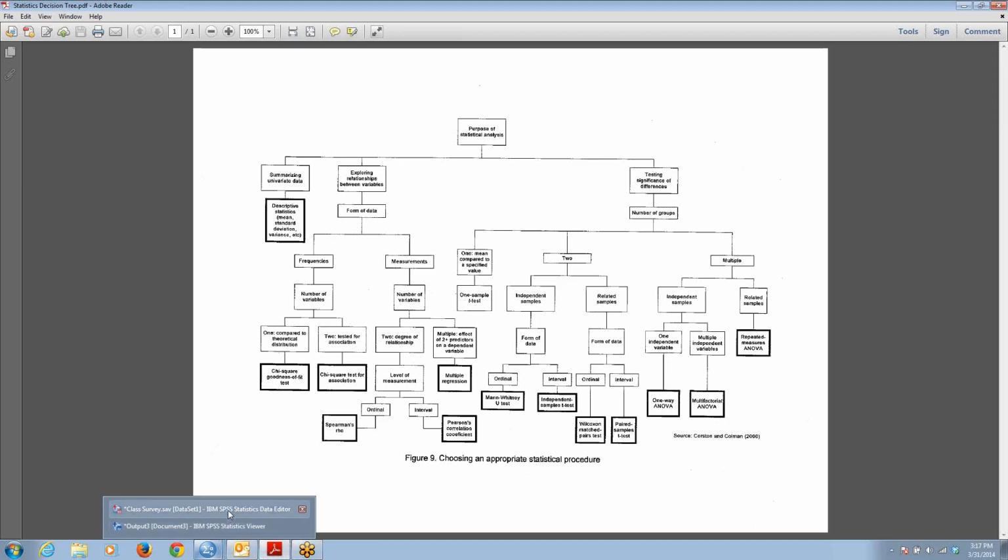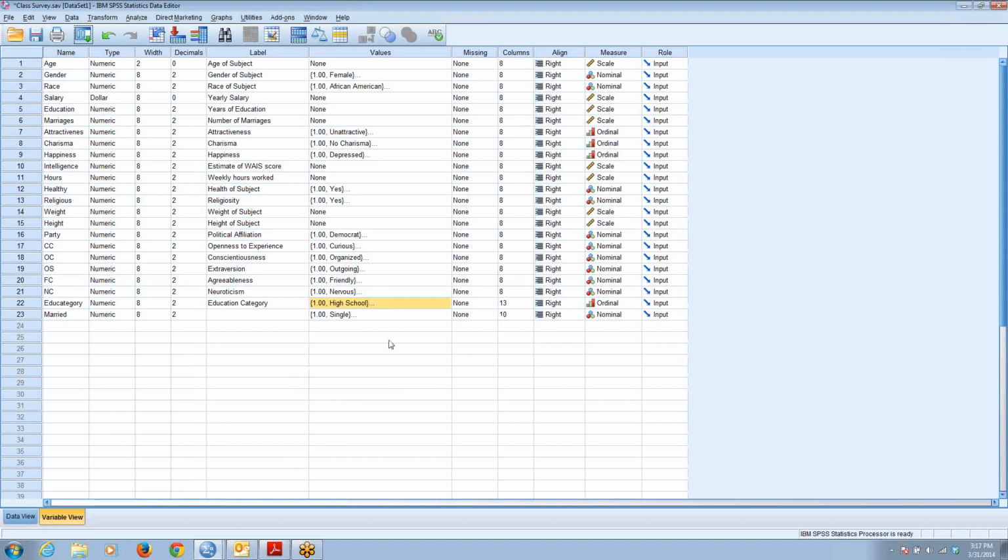So go here, go to variable view, and now I'm going to include not just education category, but I'm also going to use gender as an independent variable, and I'm going to keep income as our dependent variable.